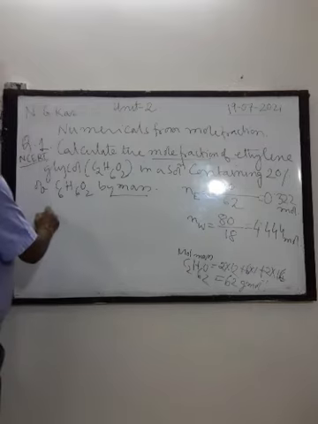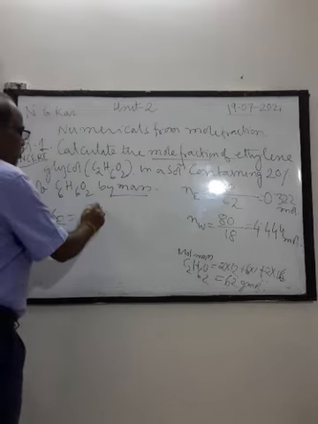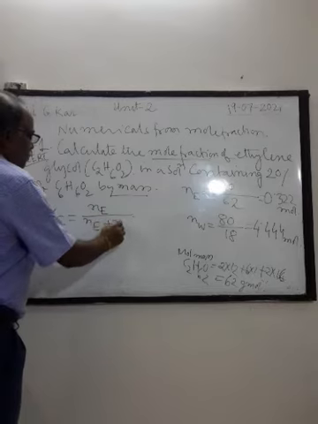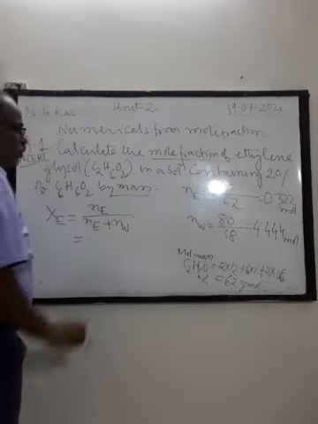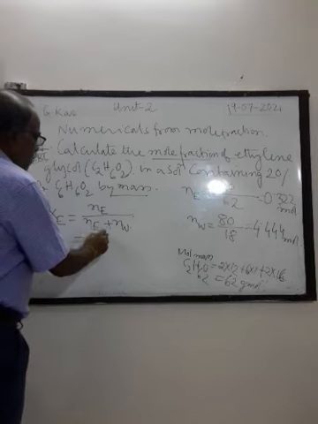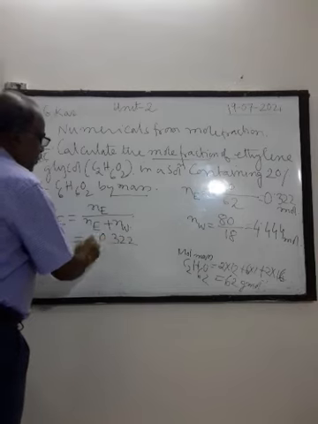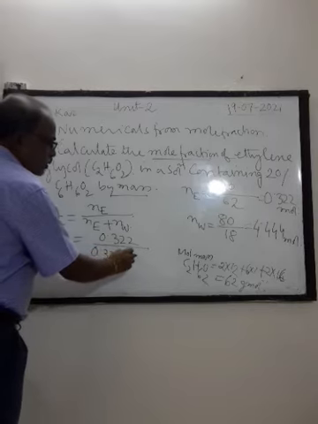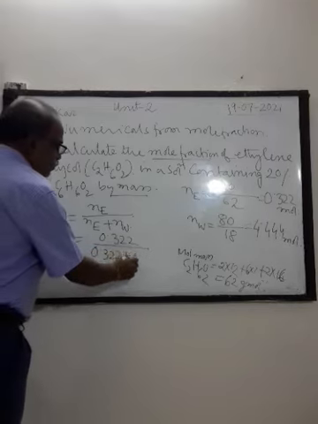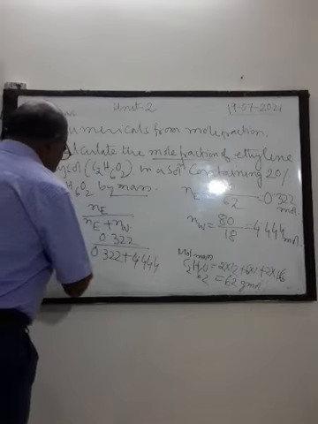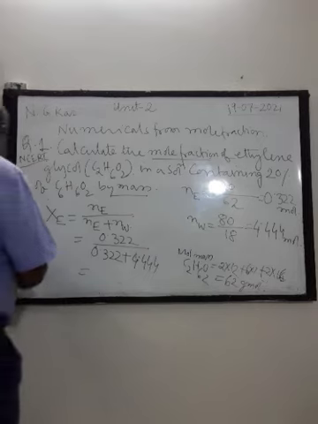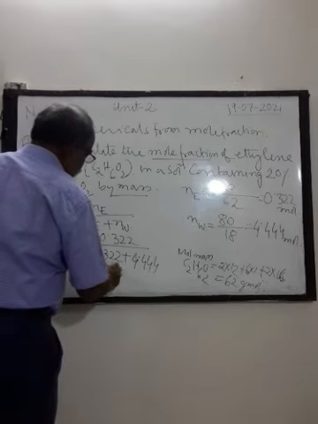So the mole fraction of ethylene glycol equals the number of moles of ethylene glycol divided by the total number of moles, according to the formula. The number of moles of ethylene glycol is 0.322 and the total number of moles is 0.322 plus 4.444. If we divide, we get 0.068.